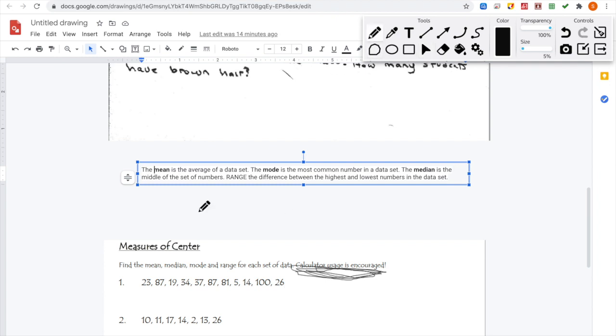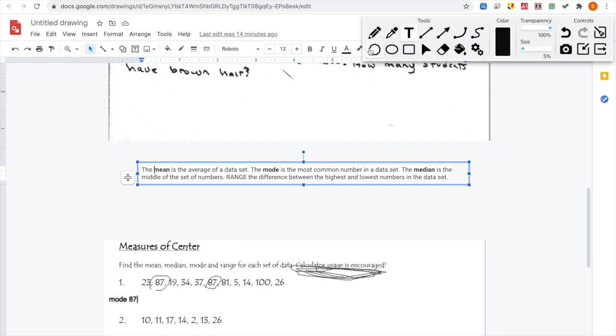So the number that shows up the most is 87 because it shows up twice. And the number that shows up the most is the mode. So our mode would be 87. Now I'm going to go ahead and find the range.